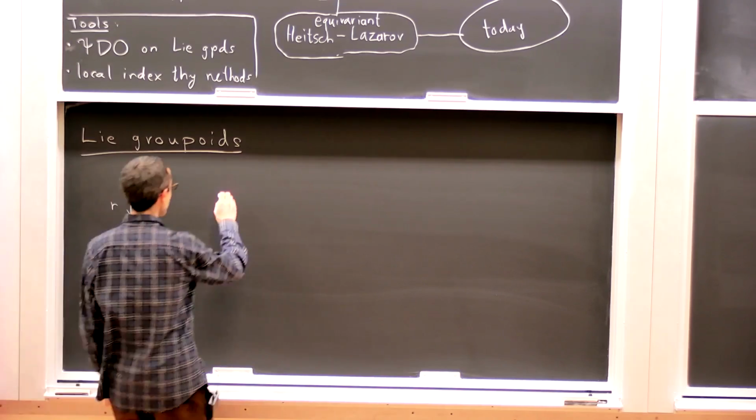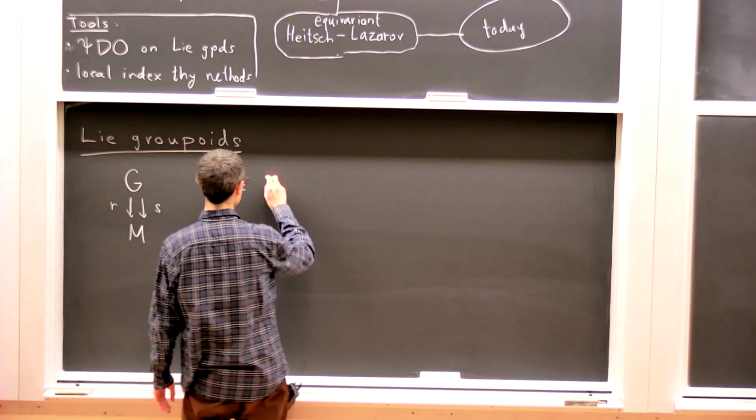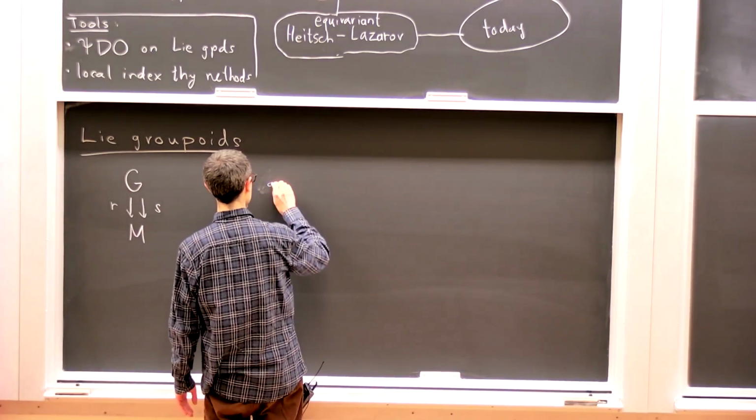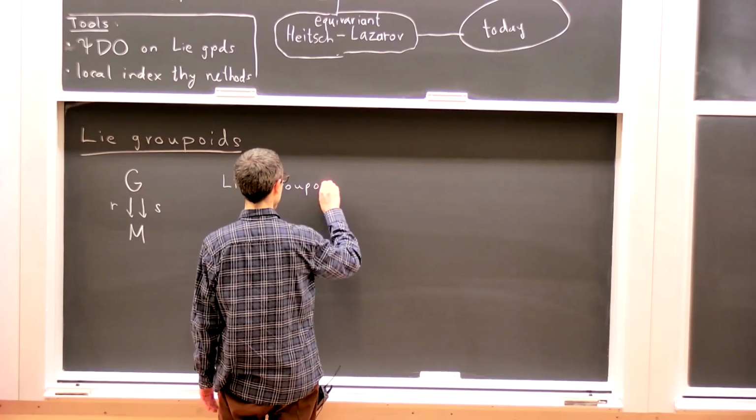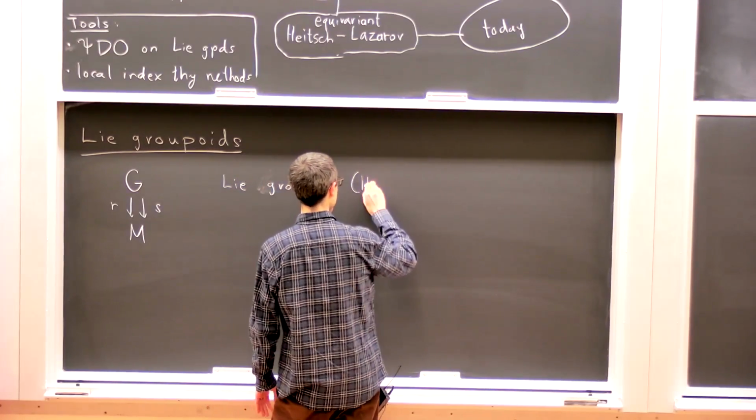I'm going to assume that this is a Lie groupoid. I'm going to assume that it's Hausdorff.